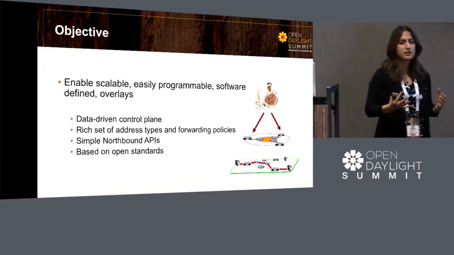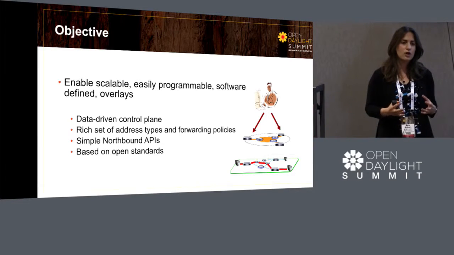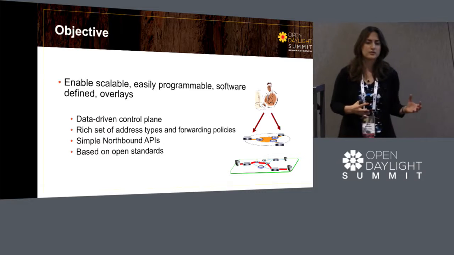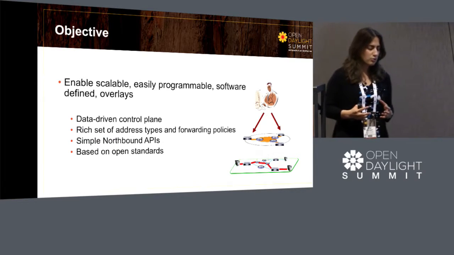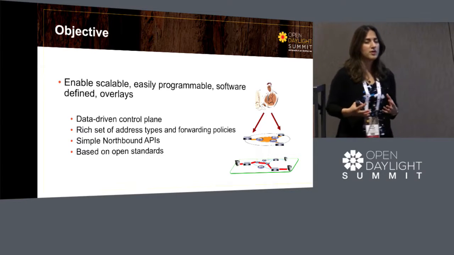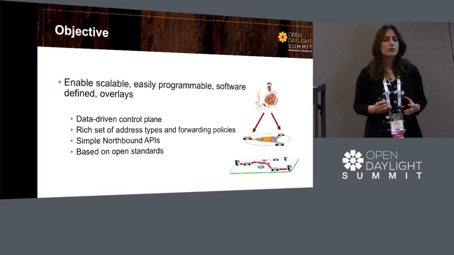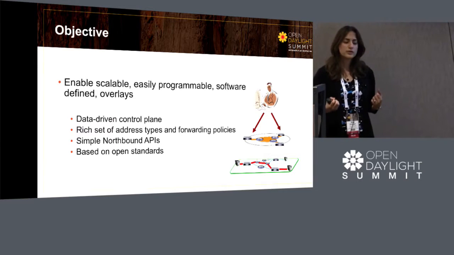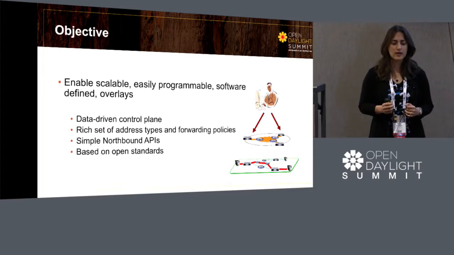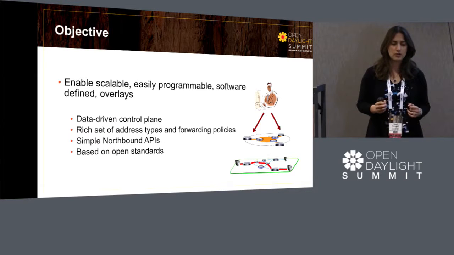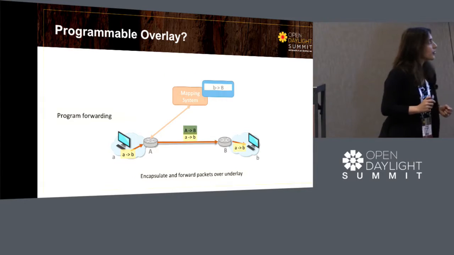if you assume that routing in an overlay boils down to knowing the mapping of an overlay address space to the underlay addresses, instead of pushing all the mappings of this type to all the data plane nodes, we want to actually pull the mappings that are needed based on the traffic that the data plane sees.